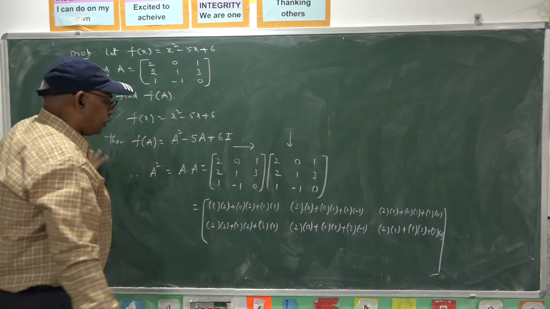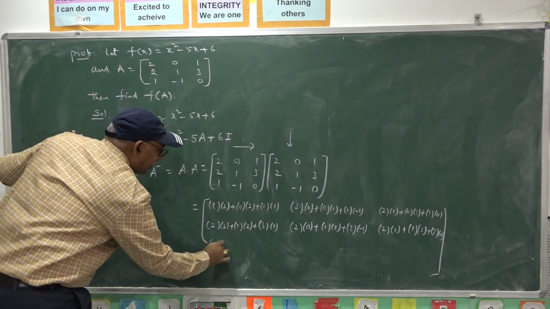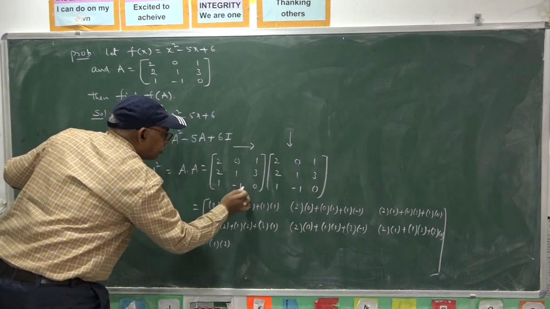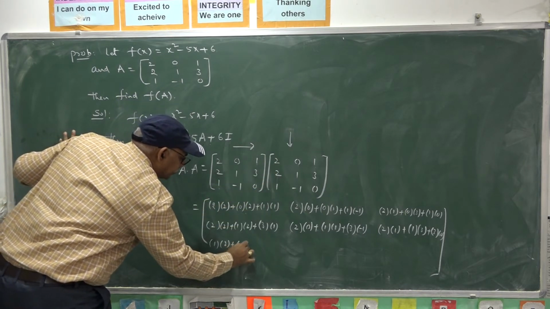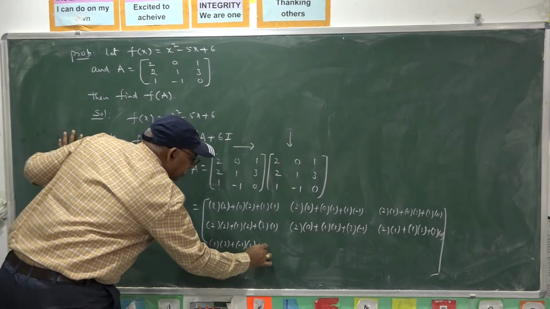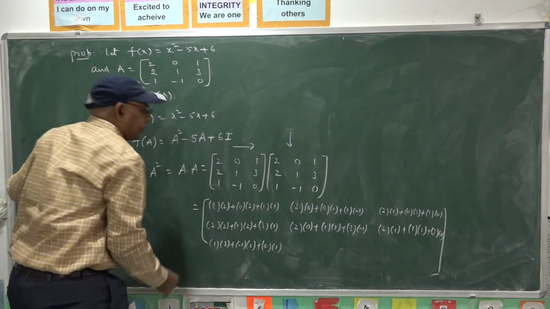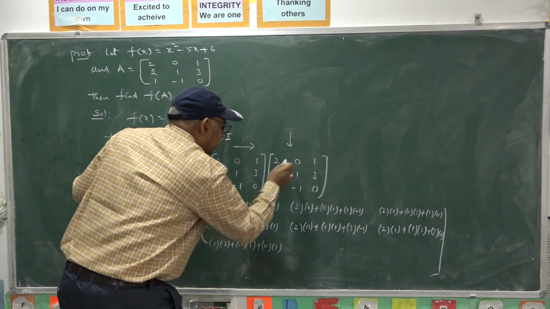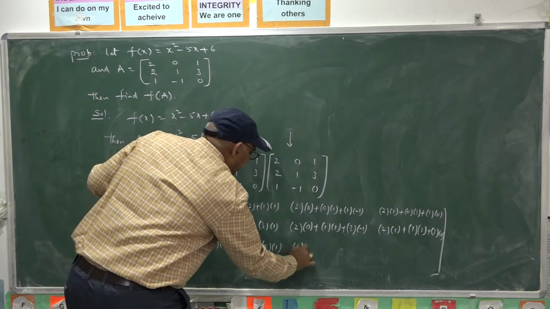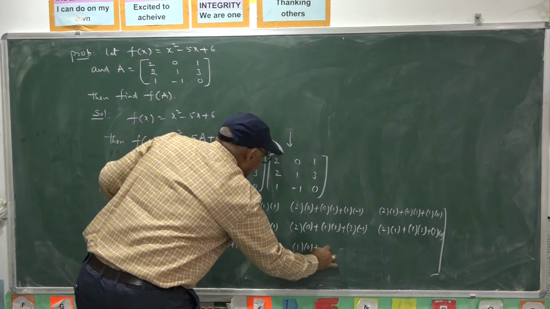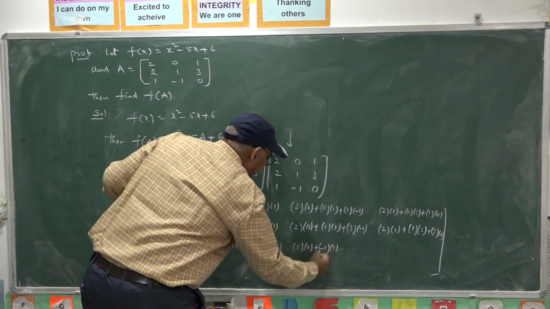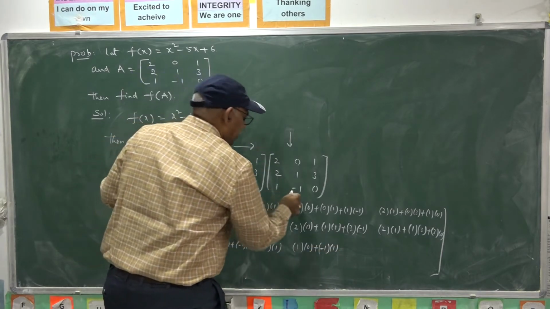Similarly with third row and first column product, 1 into 2 minus 1 into 2 plus 0 into 1, and third row second column, 1 into 0 minus 1 into 1 and 0 into minus 1.